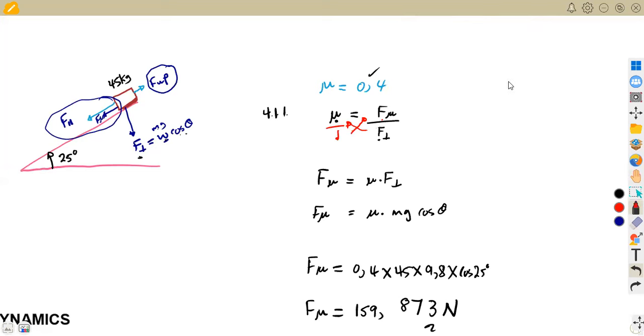So this F up is simply a combination of these two forces. Remember, the sum of forces to the right is equivalent to the sum of forces to the left.